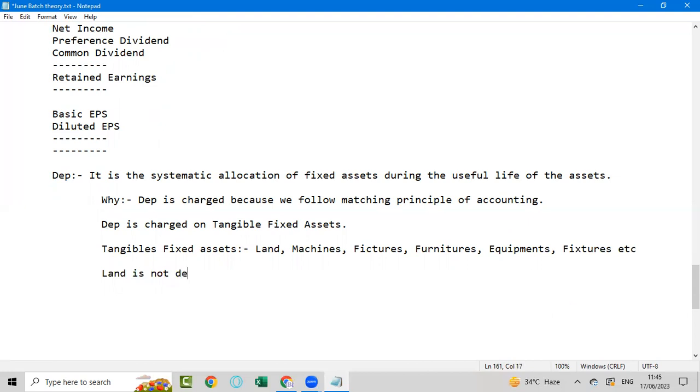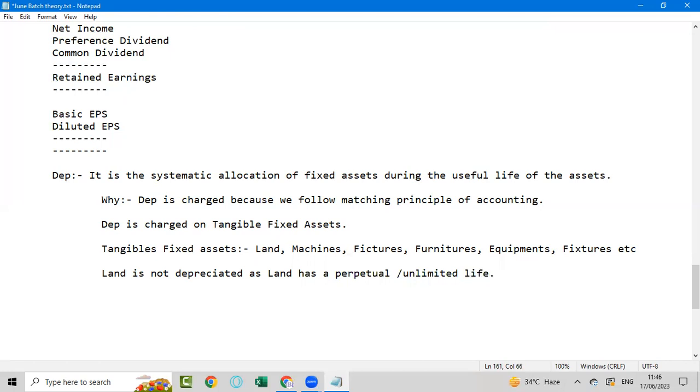Land is not depreciated, as land is a perpetual item, or land has perpetual or unlimited life.